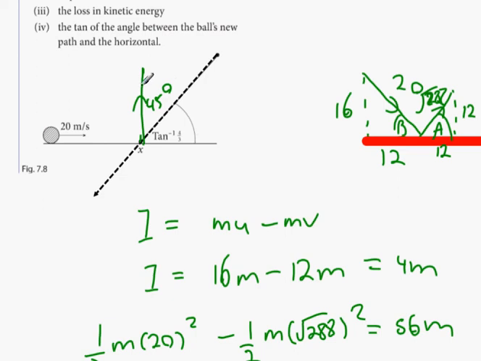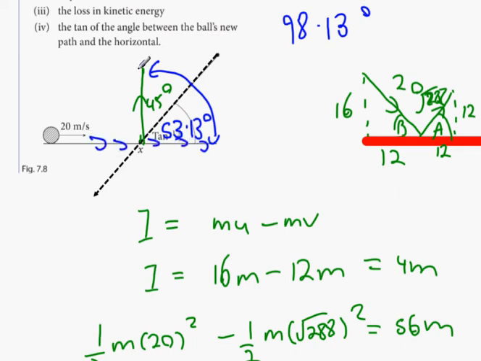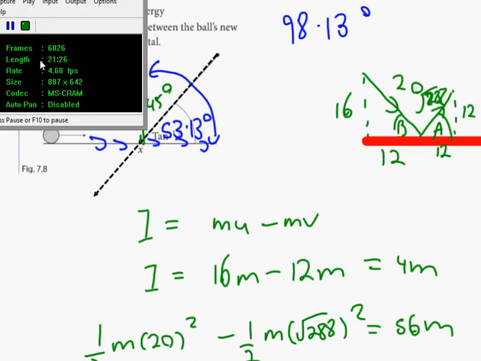So we're talking about this angle in here. It's not 45. 53.13. And then add them both together. What do we get? 98.13. That's your difference in your old path compared to your new path, because your old path is going straight through and its angle gets adjusted outwards. Okay guys.